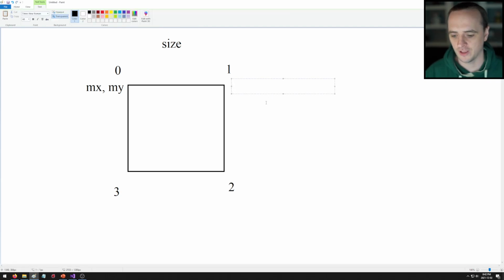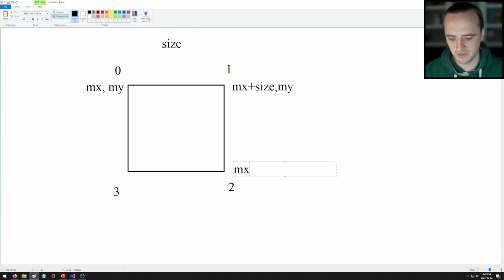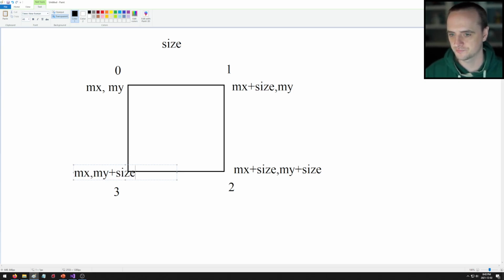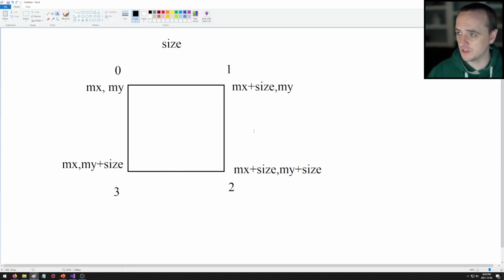Then my next vertex is going to be mx plus size, my, because I'm adding the size of my quad to get to the next vertex. Down here, this is going to be mx plus size, my plus size. Then over here, it's simply mx, my plus size. That should be pretty obvious.